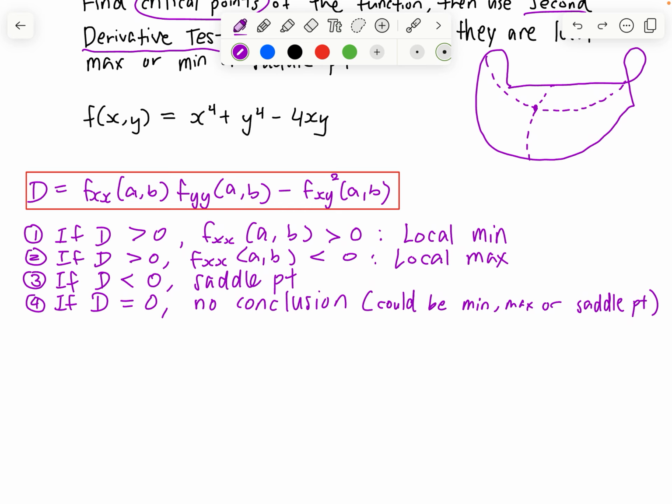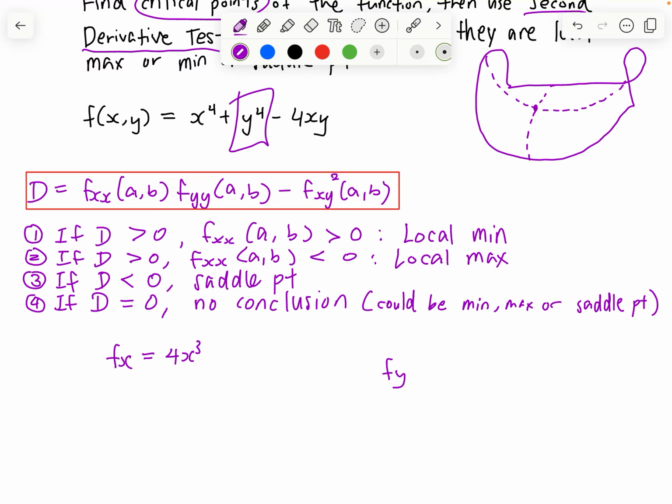The first step is to find the partial derivatives f_x and f_y. For f_x, we differentiate with respect to x, so we treat y as a constant. The x to the power 4 becomes 4x cubed.